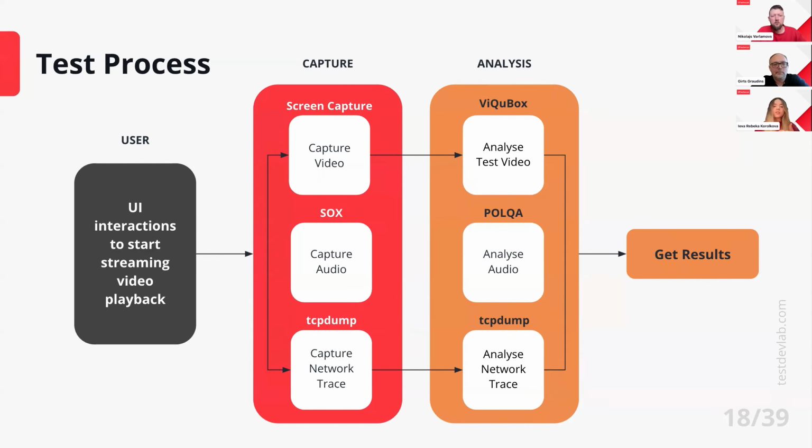We use the POLQA algorithm to analyze audio quality and also in parallel audio delay. And we use Wireshark or generally look at the data through the router as well to analyze network traces and network consumption on both ends of the call. And once we have all that, we have gathered all the results. And now the biggest part is to analyze it all.